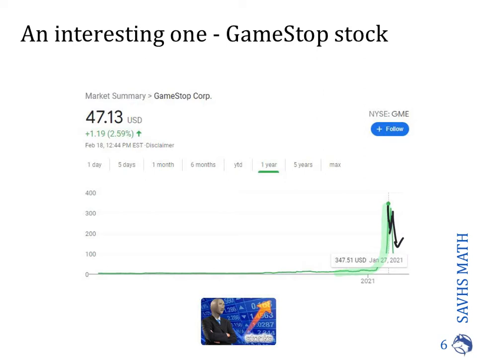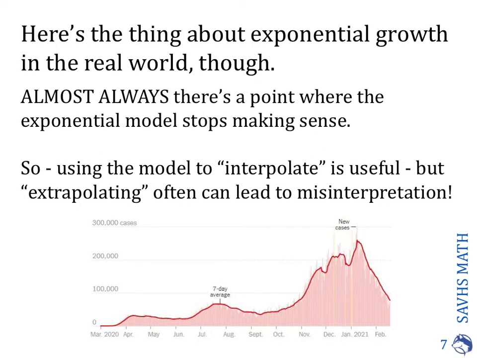But really, what's important is that sometimes these types of things grow exponentially. What I was getting at on the last slide is that despite the trend of exponential growth in places, and we talked about this graph already, there's often a turnaround. So things start leveling off eventually.